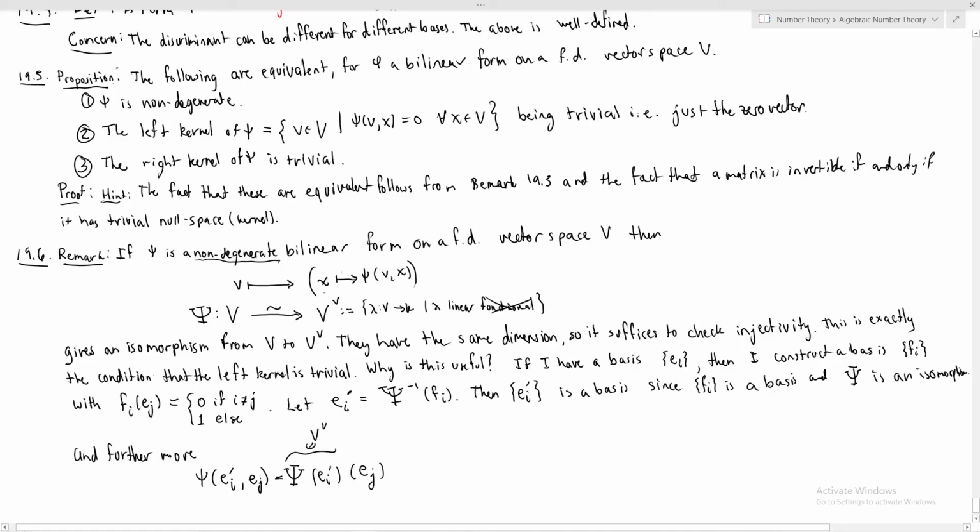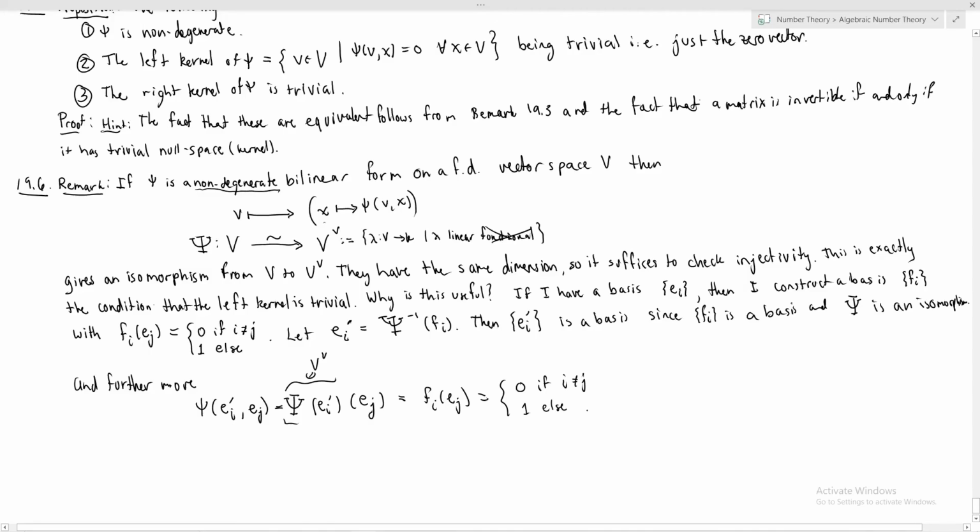This is just by the definition of what big psi does. And since e_i prime is psi inverse of f_i, psi of e_i prime has to be f_i, so this is f_i of e_j, which is again 0 if i is not equal to j, and 1 otherwise.